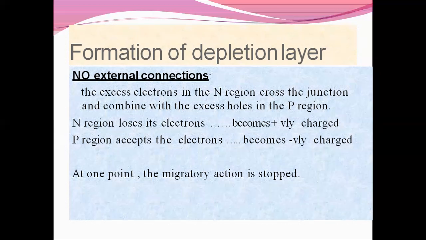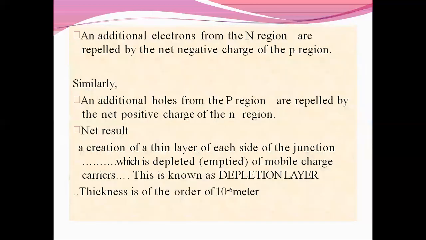At one point the migratory action, that is the movement of ions, will stop. Additional electrons from the N region are repelled by the net negative charge of the P region. Similarly, additional holes from the P region are repelled by the net positive charge of the N region.